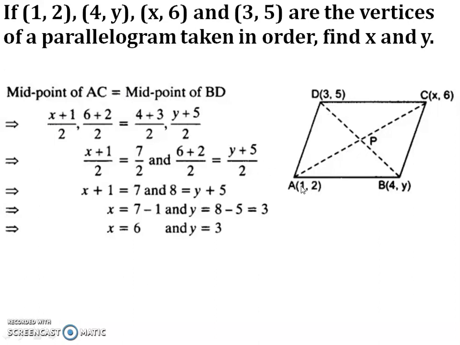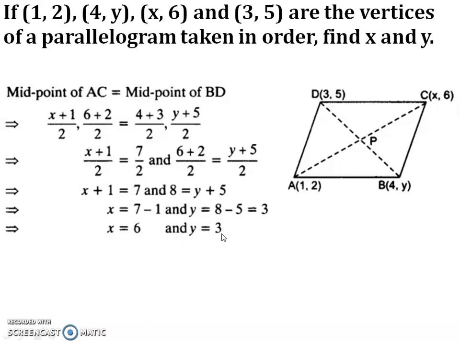x plus 1 by 2 is the x coordinate of AC and 4 plus 3 by 2 is the x coordinate of BD. Equating both, x plus 1 by 2 is equal to 7 by 2. 6 plus 2 by 2 equal to y plus 5 by 2. Now, simplifying, you will get x as 6 and y as 3.